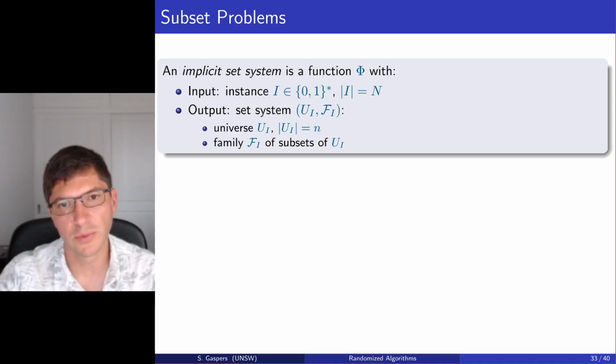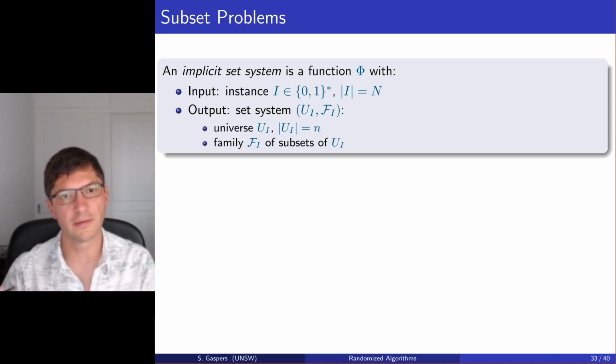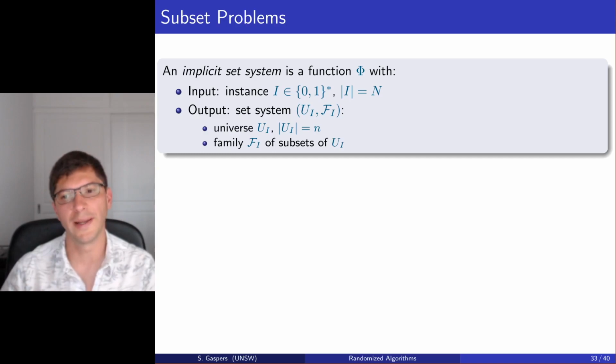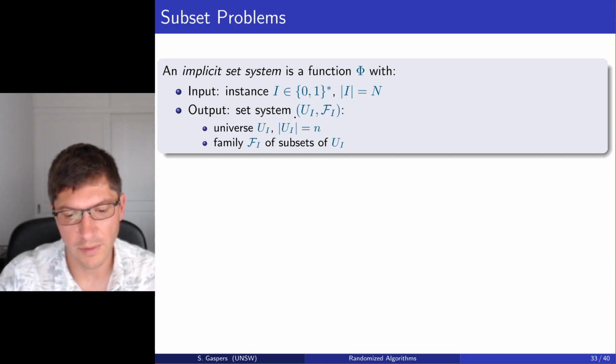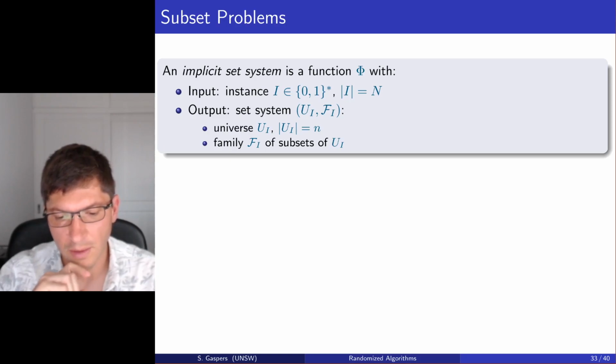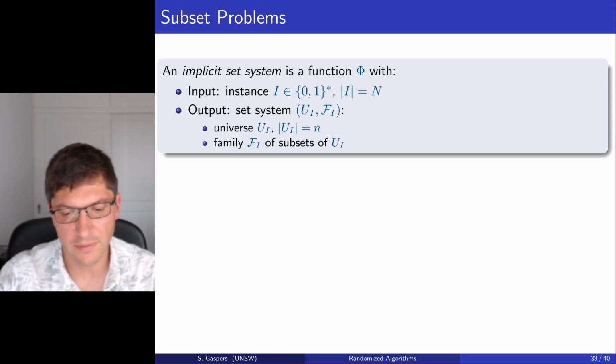This is what will define the subsets that we are looking for when we are solving a subset problem. The universe is some set of size n, small n, and the family Fi consists of subsets of the universe.